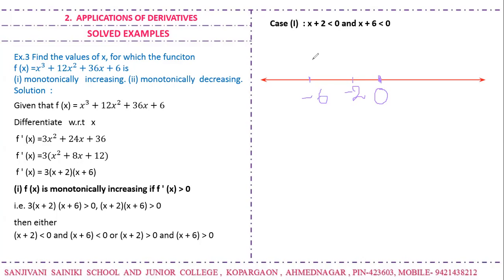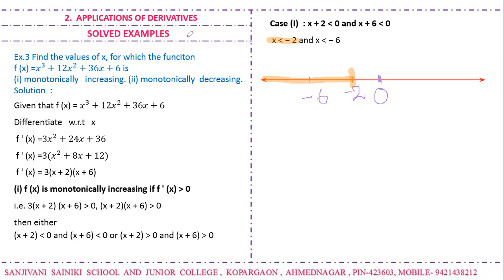This first inequality tells us that x plus 2 less than 0 means x less than minus 2. So this is the first inequality, x less than minus 2.